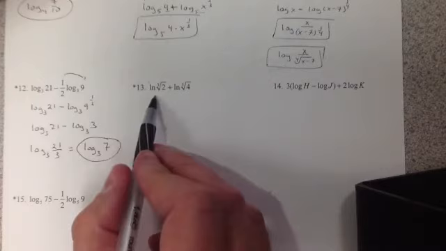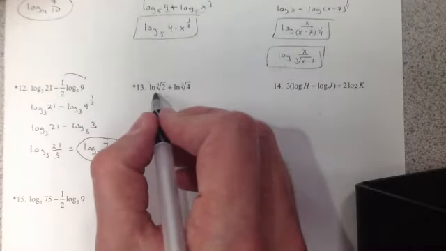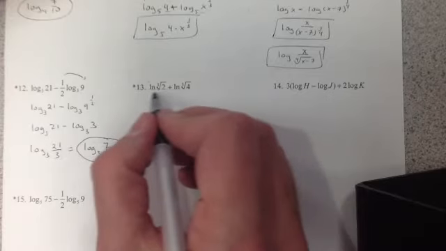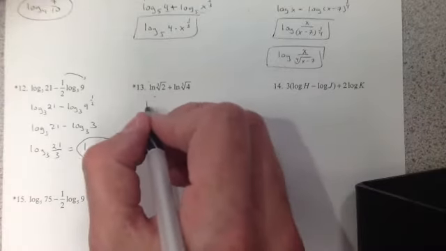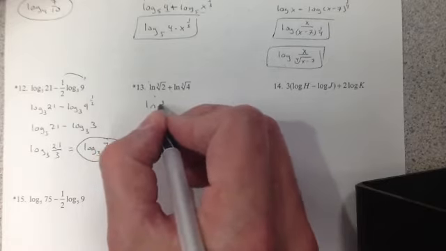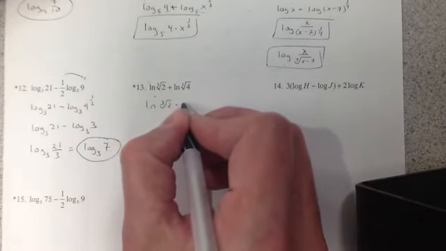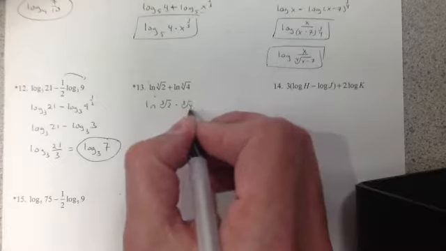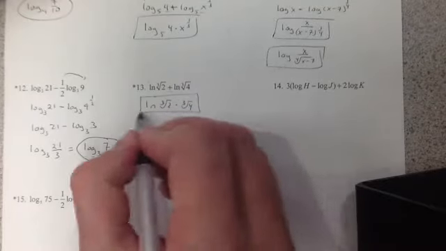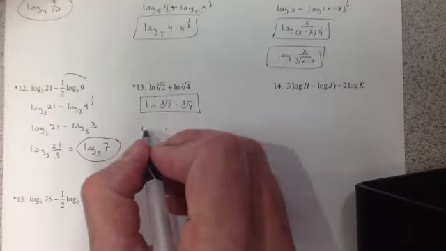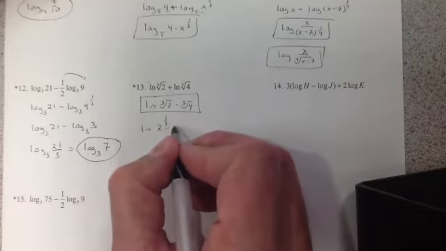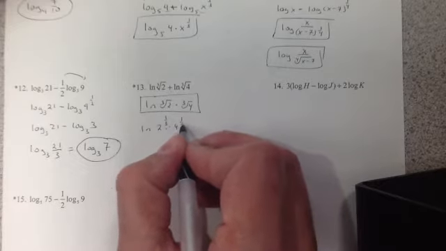Alright, let's try the next one. Because I'm adding, and they're already in this little form right here, I am going to just write this as the natural log of the cube root of 2 times the cube root of 4. Now, you're actually done right here, but you can go further. Write them in their base forms. This is 2 to the 1/3 times, this is 4 to the 1/3.